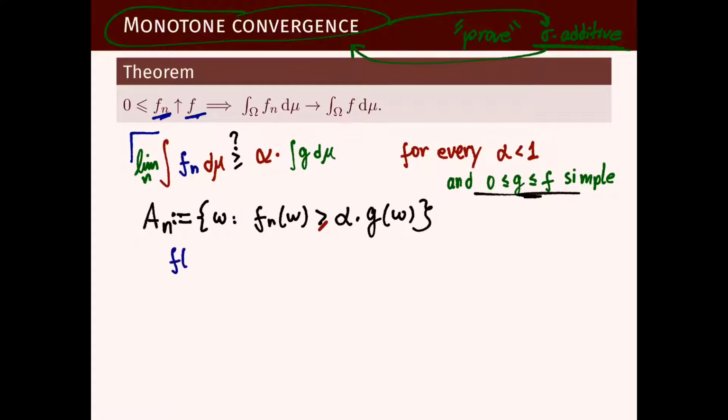If f of omega is positive, then alpha g of omega is strictly less than f of omega. And the inequality is strict, because alpha is less than 1, g of omega is positive, and g is at most f.